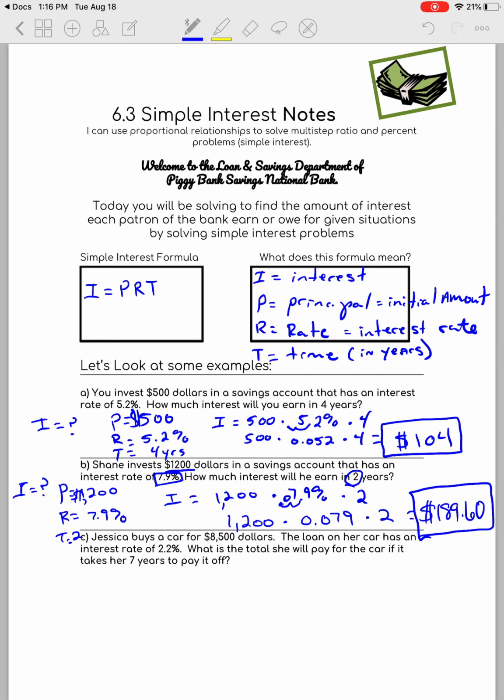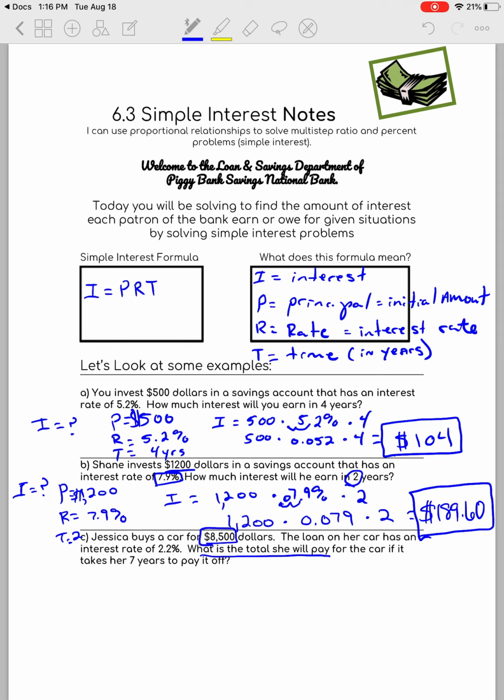All right. Let's look at another example here. Jessica buys a car for $8,500. The loan on her car has an interest rate of 2.2%. What's the total she will pay for the car if it takes 7 years to pay off? Now, look at what the question's asking us. What is the total she will pay?